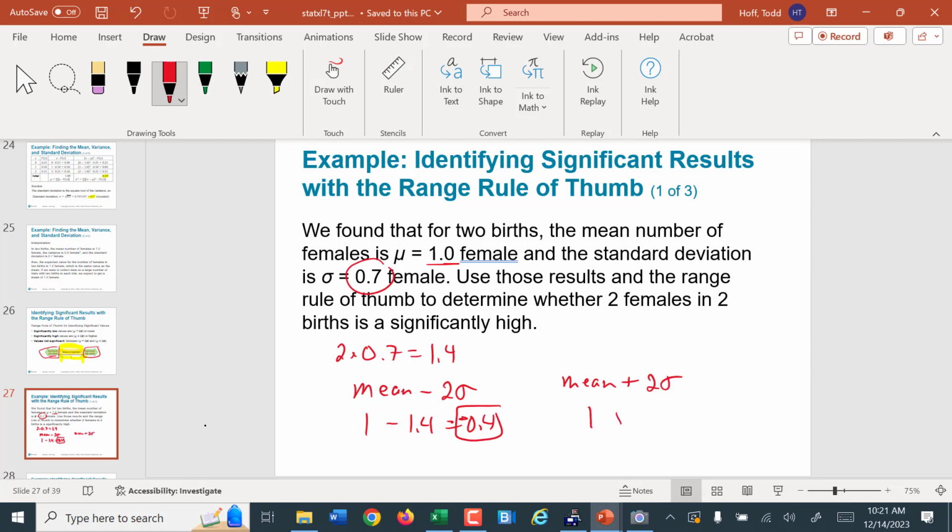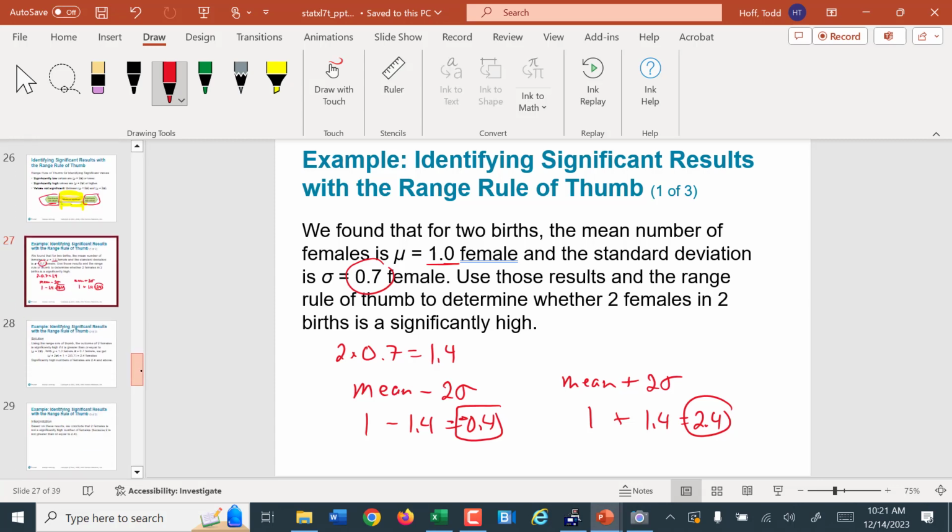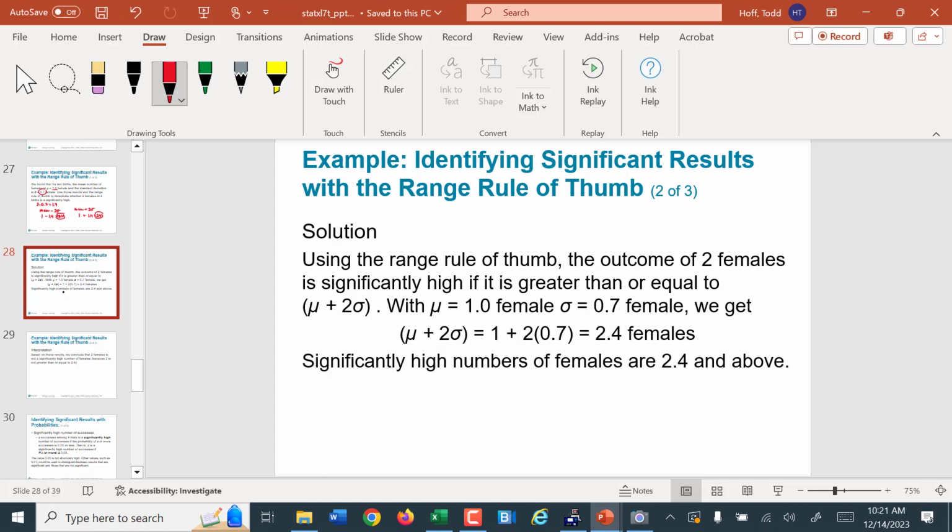Well, that would be a mean of 1 plus the 2 standard deviations of 1.4, which is 2.4. Again, we can't have 2.4 females out of 2 births. So it's not possible to have any significantly high or significantly low values for this particular experiment. So that gives you the limits of negative 0.4 and positive 2.4. We can't have anything above that, so there's nothing that is significantly large or small.